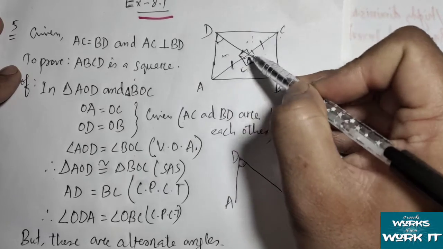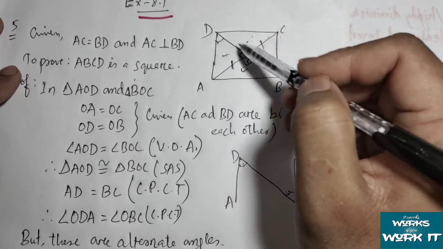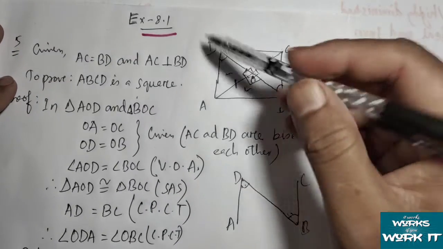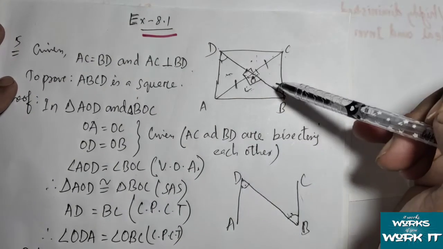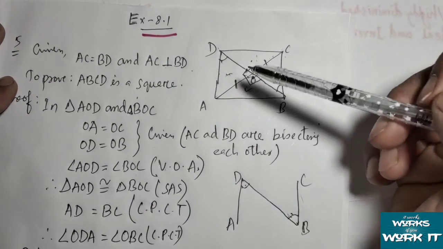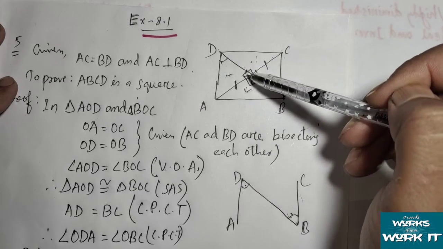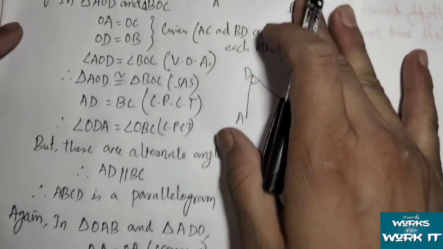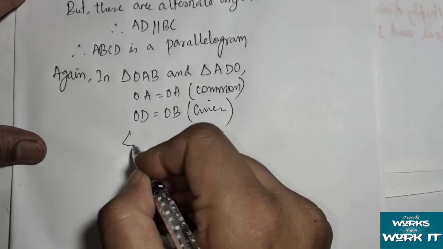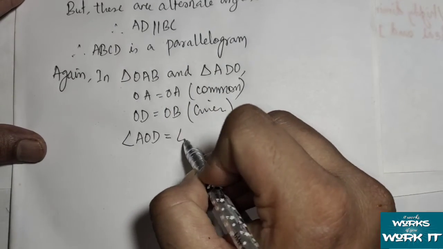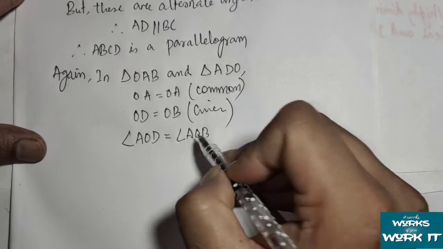And then the last thing we want is that this angle will be equal. Okay, AOD and then after AOB. Why? It is already given that they were perpendicular and bisecting each other. So the bisecting part we have taken, OD and OB are equal, and now we can write the angles are also equal. So which are the angles? AOD will be equal to AOB.